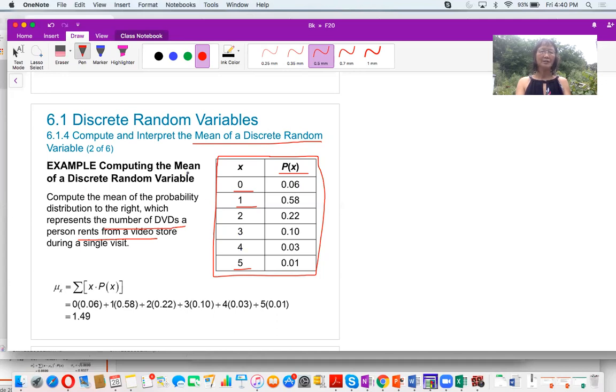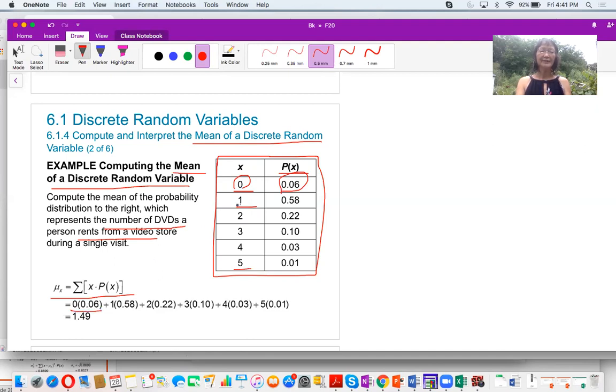So how do you calculate the mean of a discrete random variable? You use this formula. So first, write down the formula. And what does this formula say? It says, use x, so this is x, times P(x), 0.06 is P(x), so you get x times P(x).